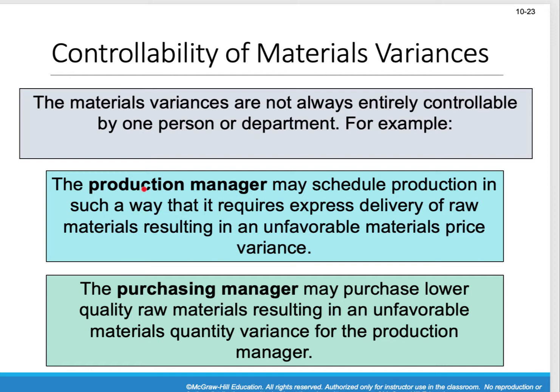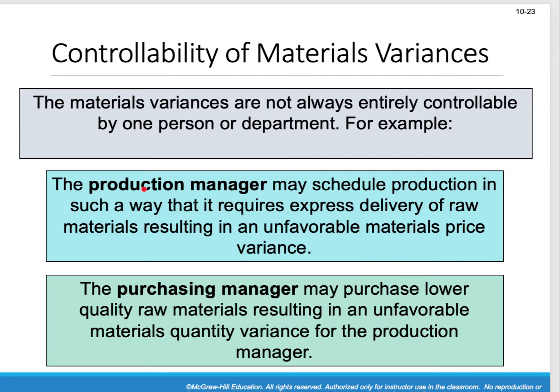Because we saw that the production manager schedules production and the purchasing manager buys it. Well, like we said earlier, if the production manager screws up, so to speak, and orders late, right? Well, the purchasing manager may need to pay a little extra to get express shipping.